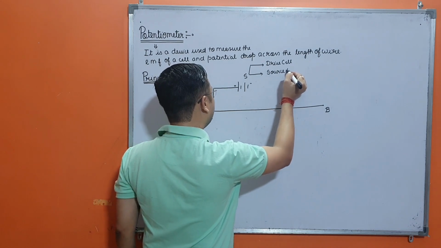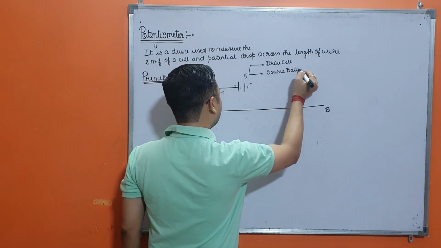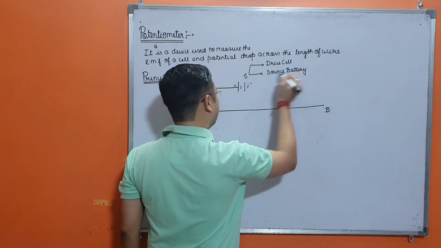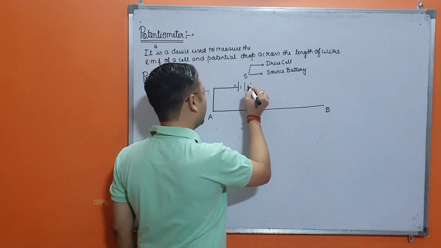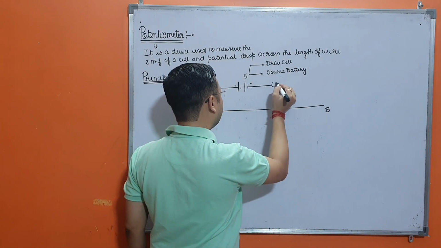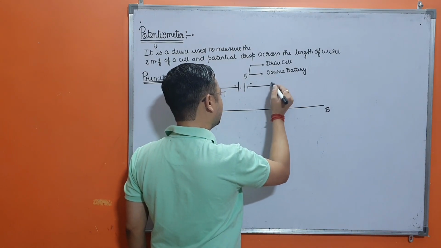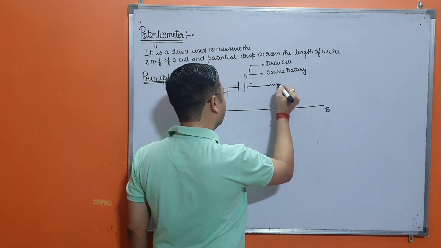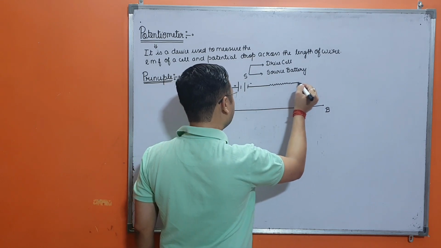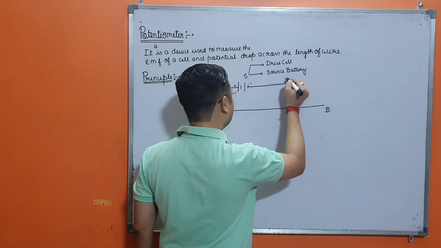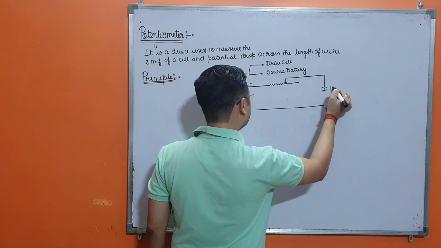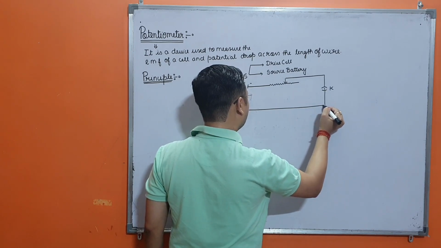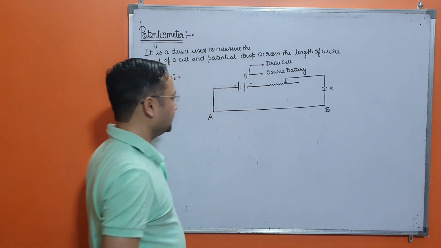Whatever name is used for this cell or battery, that is the driver cell and the source battery. There are keys connected here. You just connect the rheostat or the additional resistance. What is the purpose of this rheostat or the additional resistance we'll discuss later. And this is the key to make the circuit closed and open.